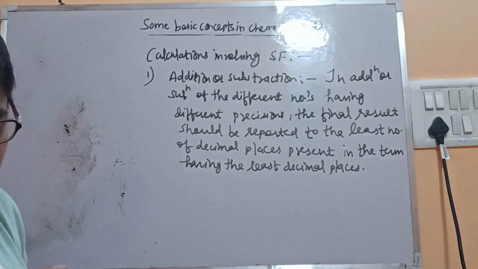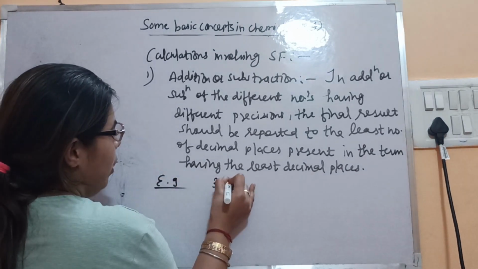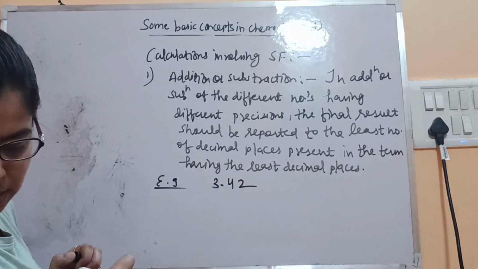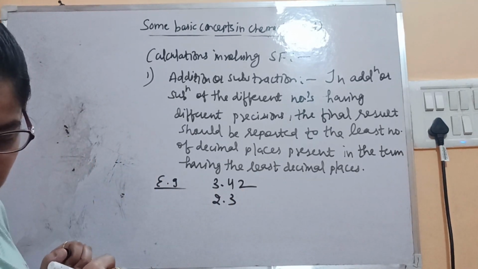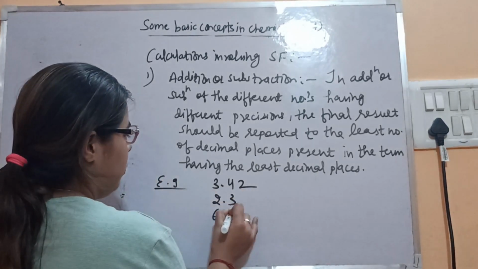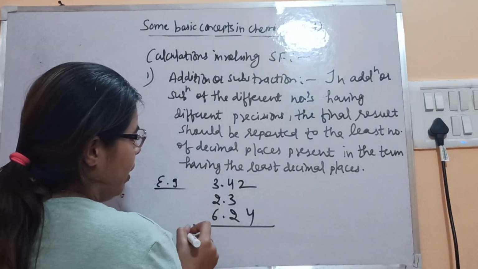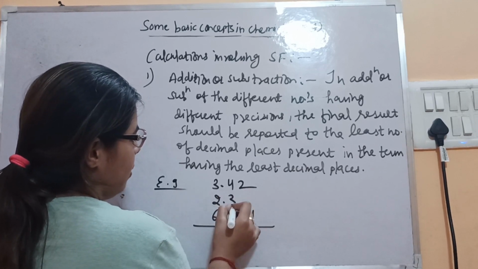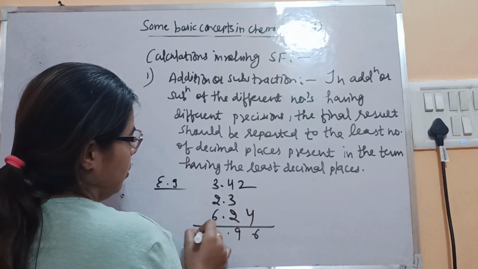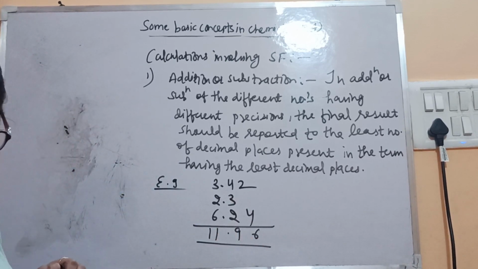Let's take three numbers. For example, you have to add 3.42 plus 2.3, then next is 6.24. What will you get? 11.96.